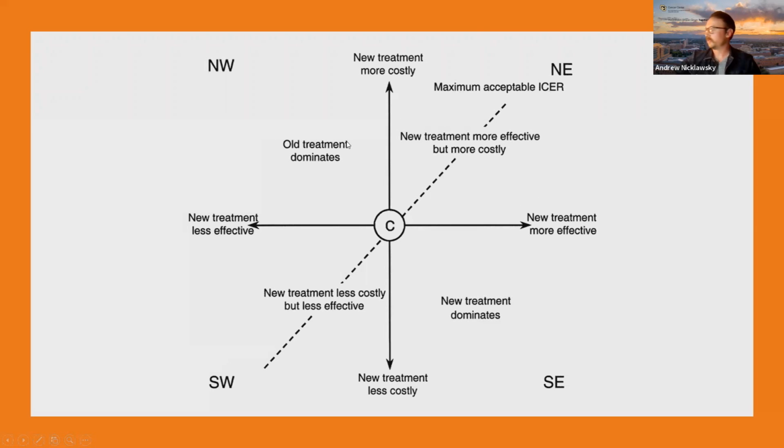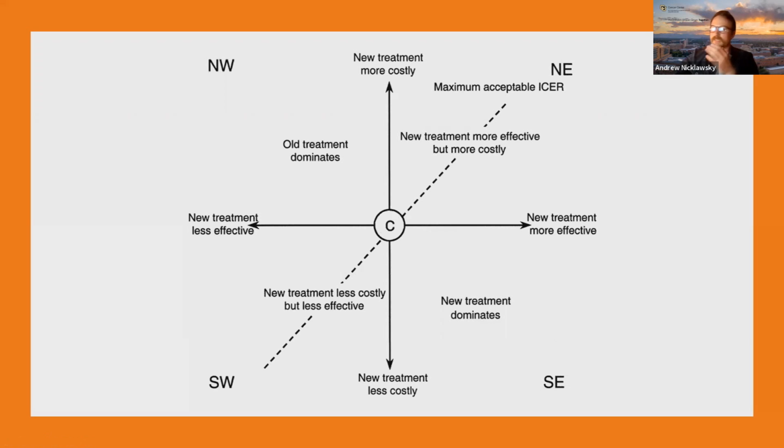In the second quadrant, our old treatment dominates because the new treatment is less effective and more costly. In the third quadrant, we have our new treatment being less costly but less effective. And in the fourth quadrant, the new treatment dominates because it is more effective and less costly. So these last two are our easy cases, and the first and third are where we need to use our threshold.